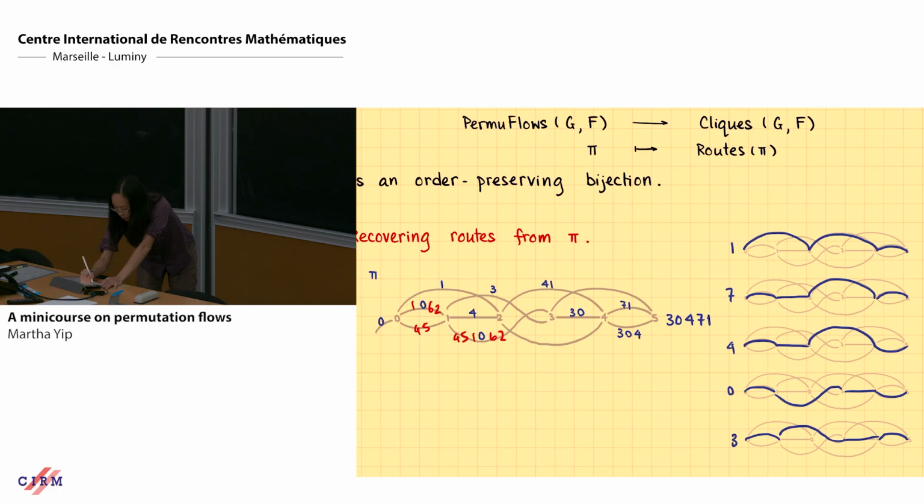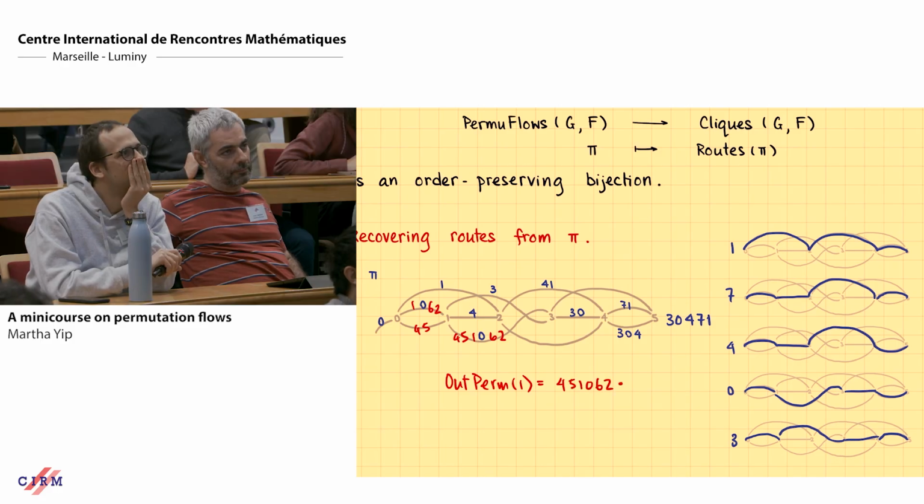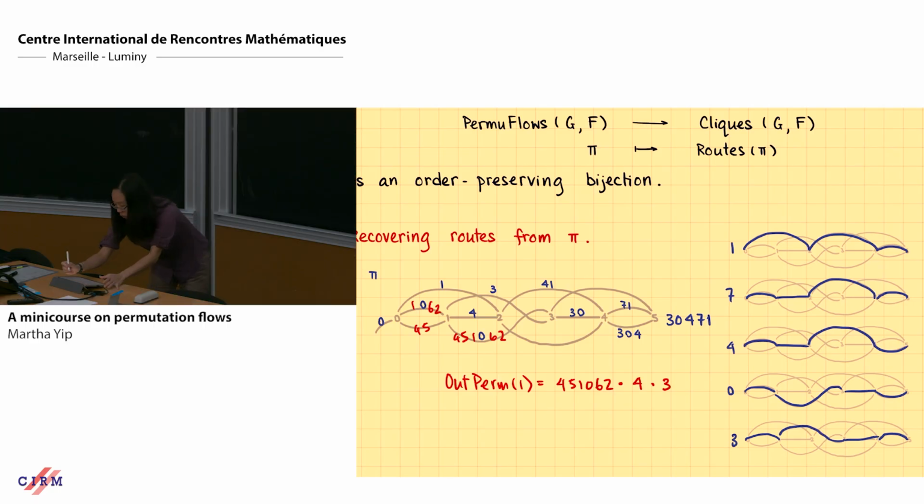I need to know how to continue this route 3. The way I continue is to pick the letter that's closest to it in the outgoing permutation. The outgoing permutation is the concatenation of the lower word with the middle word, with the upper word. So I'm looking at the closest letter to 3.